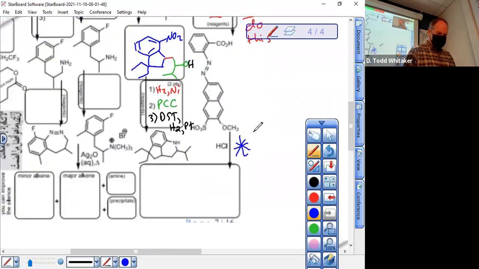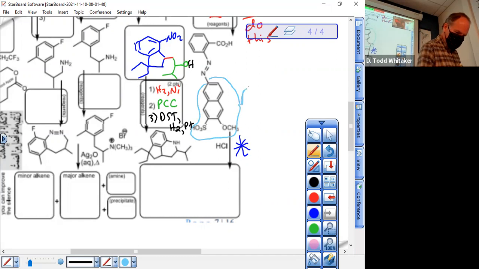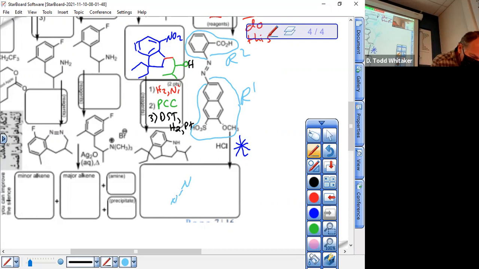So this is also about diazonium dyes. And just a long story short, if you're curious, you get your N, and you've got R2 and R1, and the one that's farthest away from this lone pair, by way of resonance, picks up a proton.